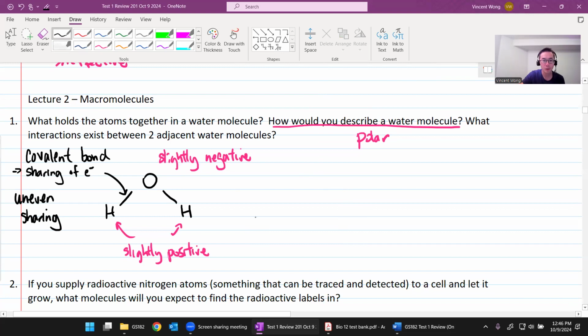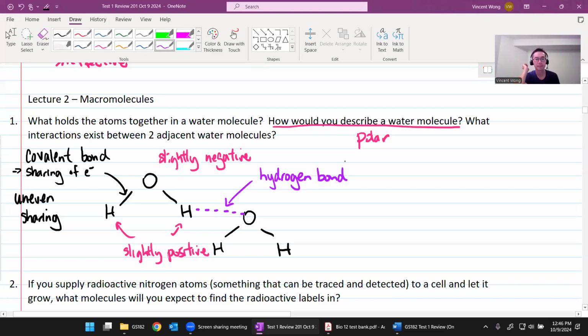If you put two water molecules next to each other, they will be attracted to each other. The slightly positive portion of one molecule will be attracted to the slightly negative portion of another molecule, and this is what we call hydrogen bond. Okay.